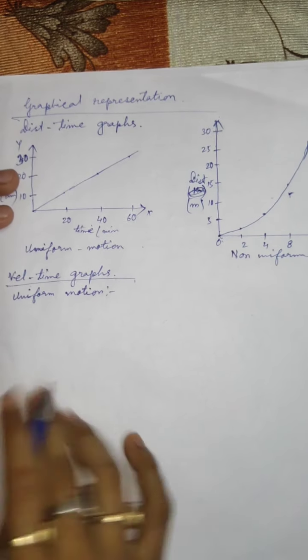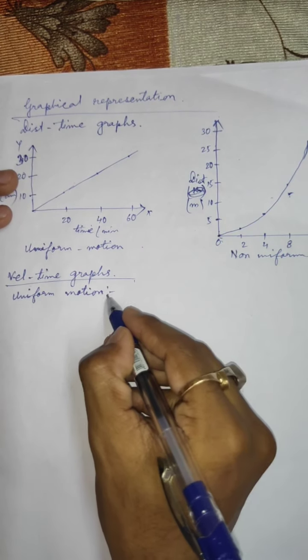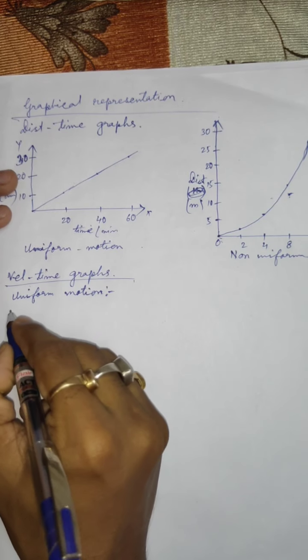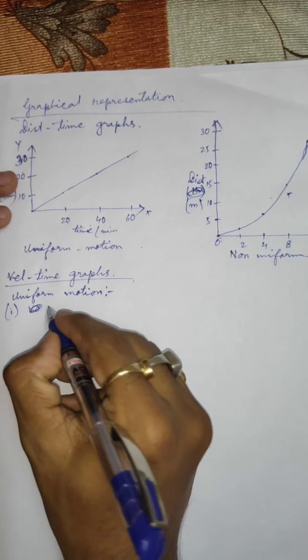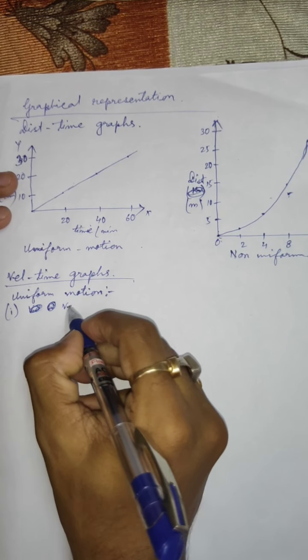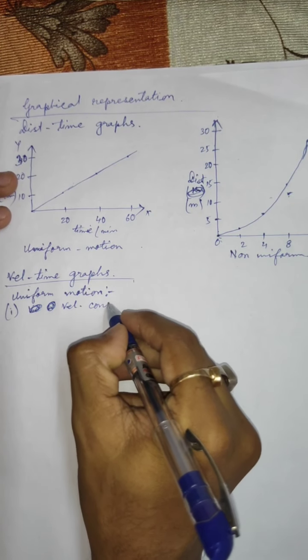So let's see when the velocity remains constant. Number one case, when velocity is constant.